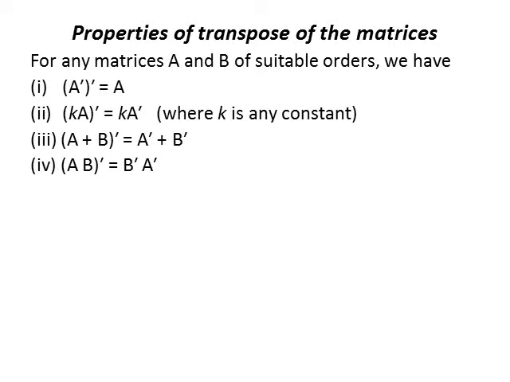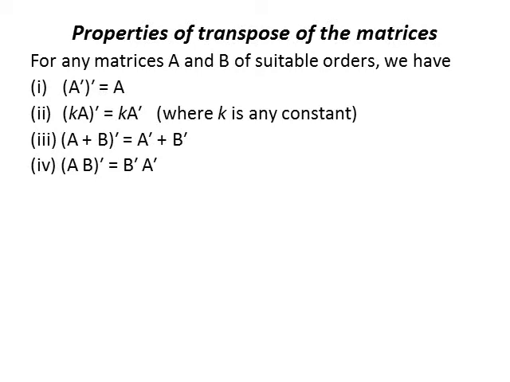Second property, transpose of K into matrix A is equal to K into transpose of matrix A, where K is any constant. Third property, transpose of A plus B equals to transpose of A plus transpose of B.